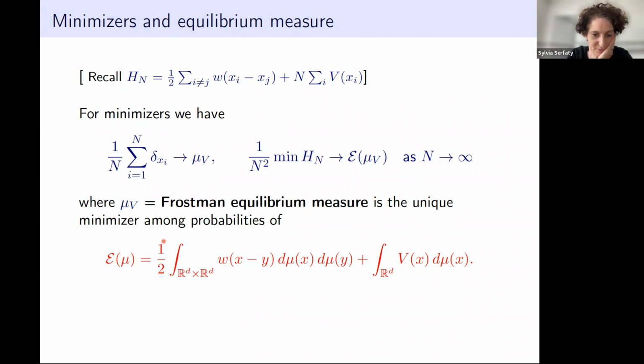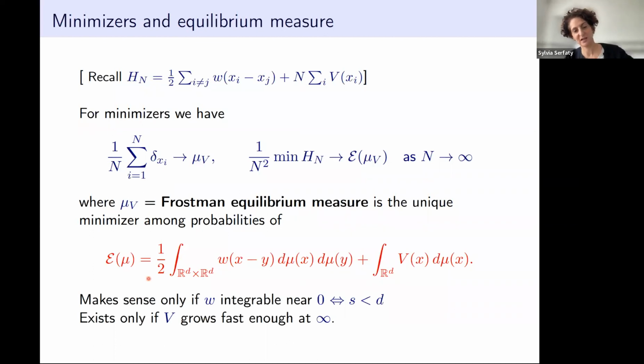So that's the equilibrium measure of Frostman. And you can show that minimizers will converge to this equilibrium measure. So they converge in the sense that the empirical measures converge. And also the minimal energy, once you normalize by n squared, where n is number of points, also converges to the E of this equilibrium measure. Okay, all of this as n goes to infinity.